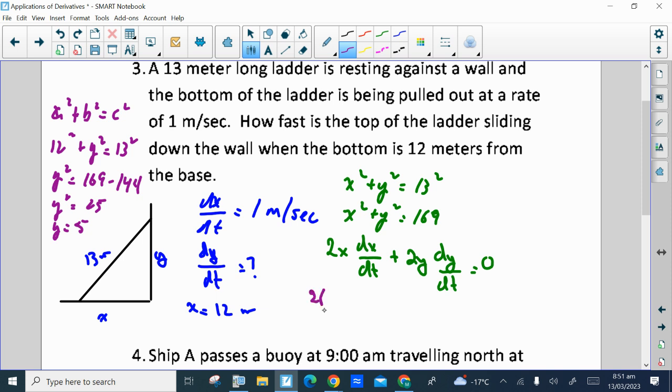So we've got 2 times x, which is 12 meters, times dx by dt, which is 1 meter per second, plus 2 times y, which is 5 meters, times dy by dt, which is what we're trying to find.